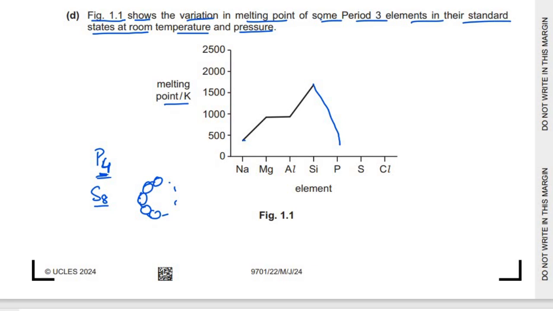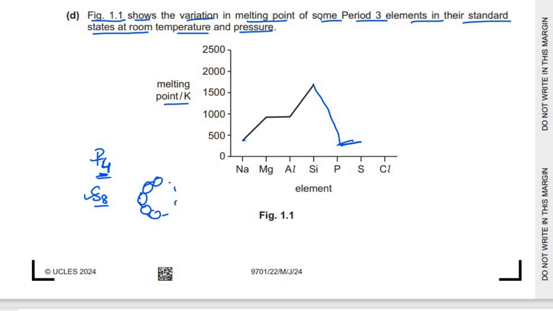So van der Waals force is also less in phosphorus. But sulfur has more number of atoms, so more electrons and higher, stronger van der Waals force. So compared to phosphorus, the sulfur has a little higher melting point.